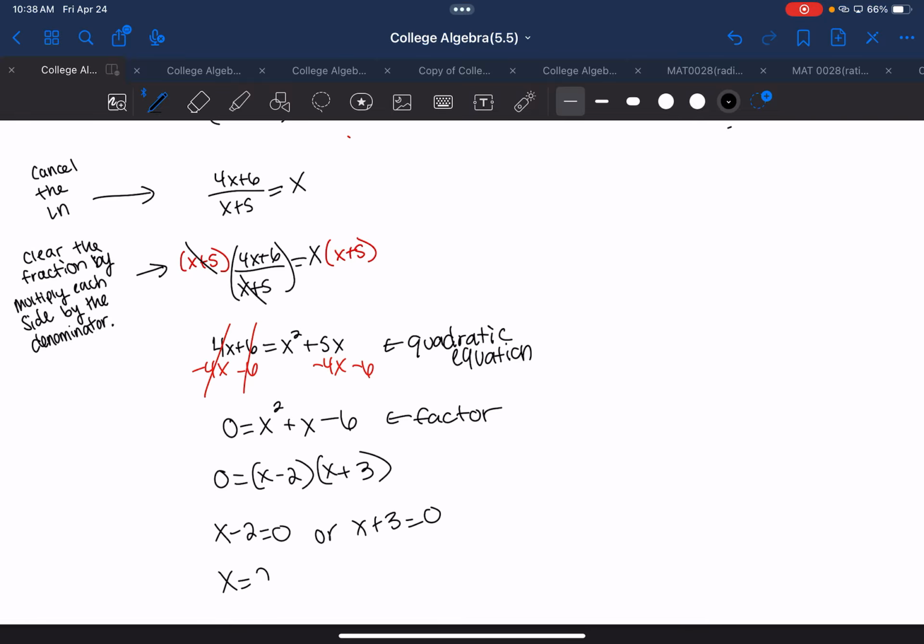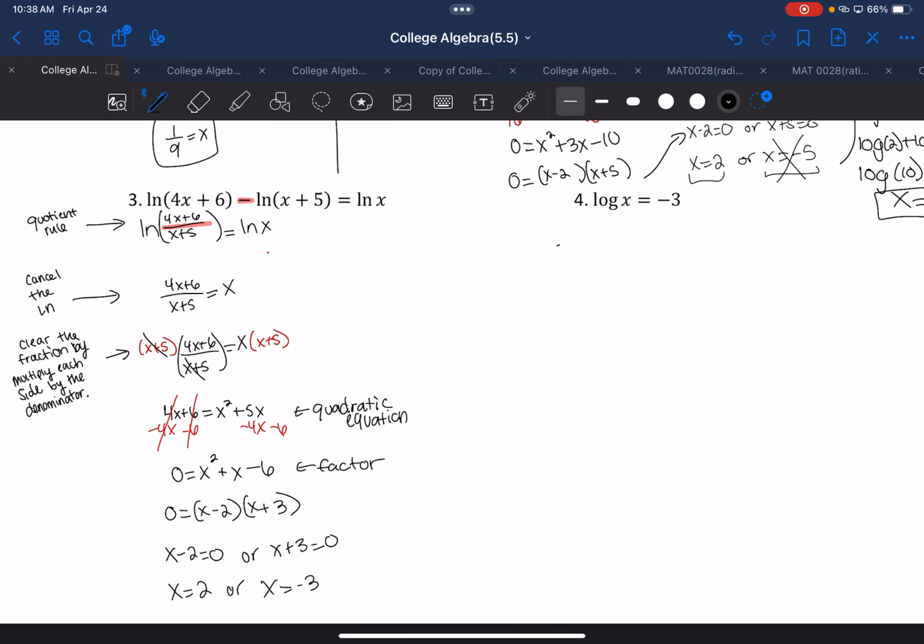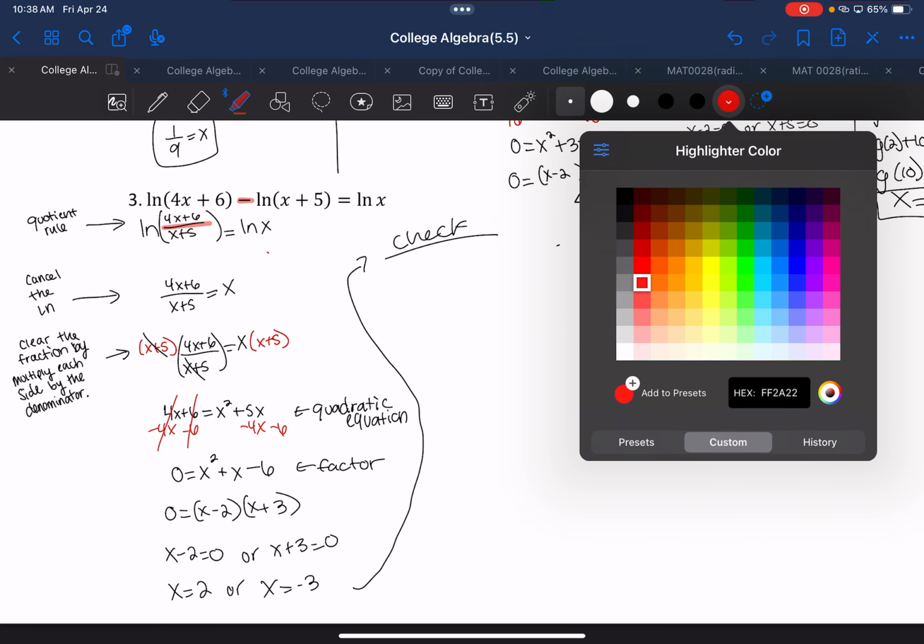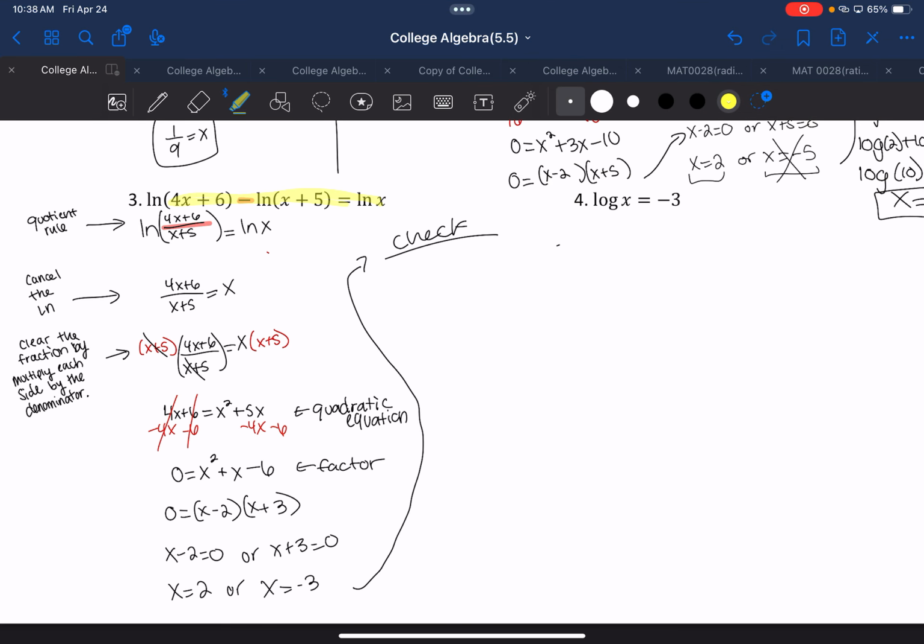But again, these are my possible solutions. And so I need to check them. Remember, you always need to check them in the original equation up here. Do not try to plug them in anywhere else. Because if they make any of those ln's negative, then it's not possible.